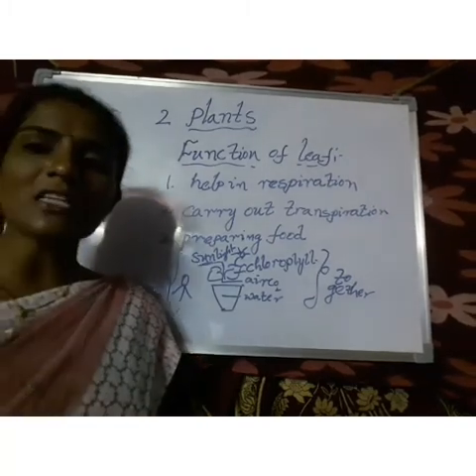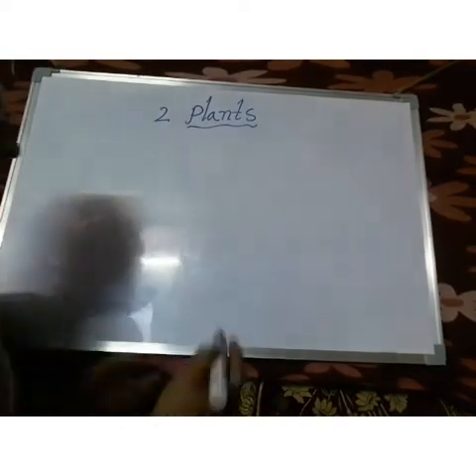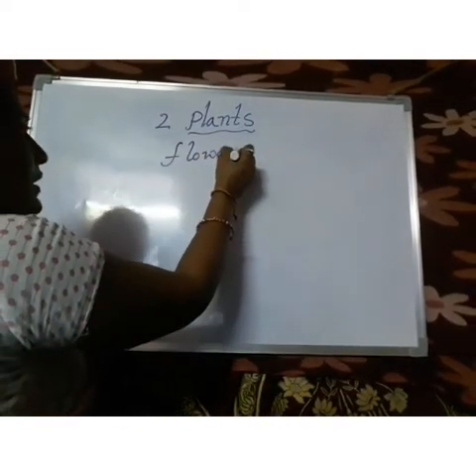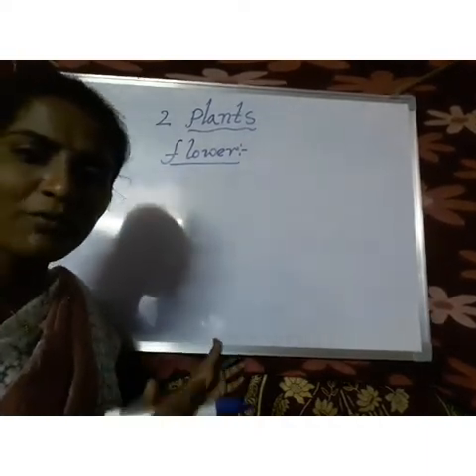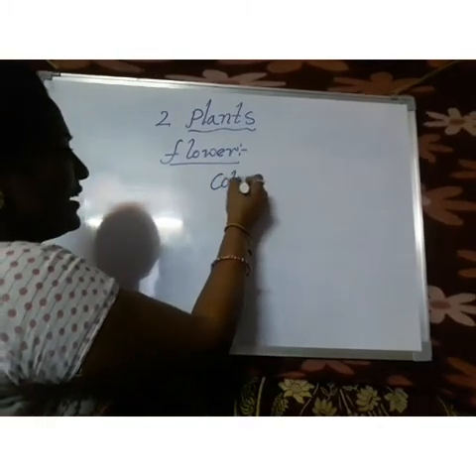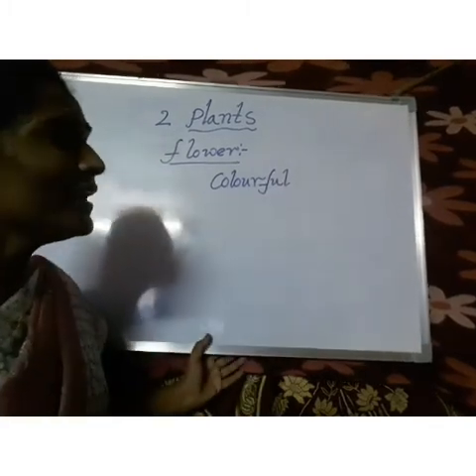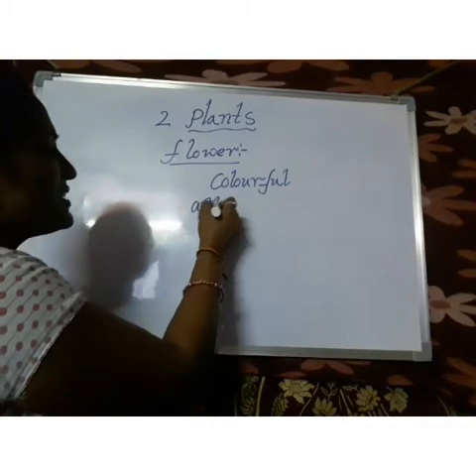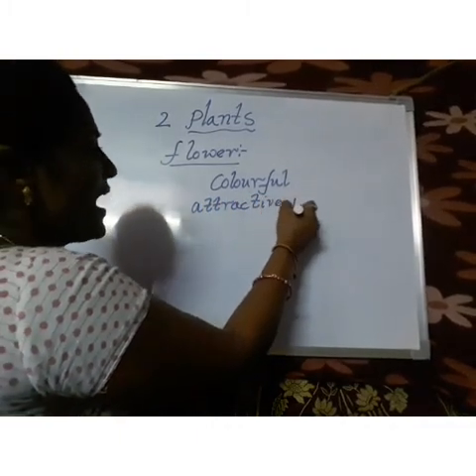And coming to the next part, it is flower. See, we saw so many different flowers, and all these flowers are very colorful, and we also call flowers the attractive parts of plants.